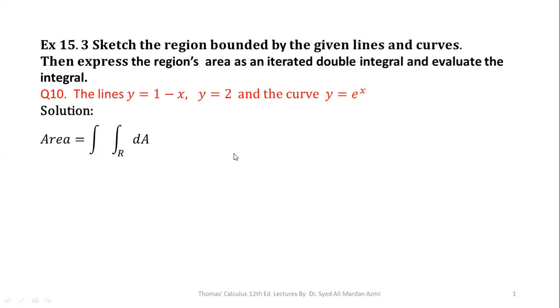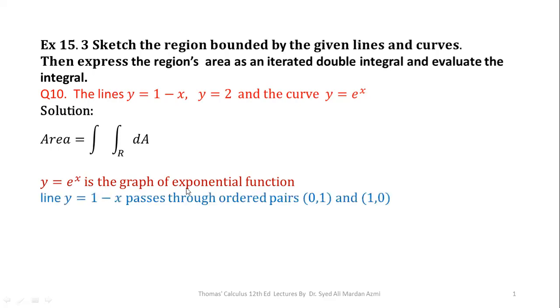In the next step, we will learn about these lines and curve. Y is equal to e raised to power x is the graph of exponential function. When we plot y is equal to e raised to power x, we will get graph of exponential function. The line y is equal to 1 minus x is a general line which passes through ordered pairs 0, 1 and 1, 0. If you substitute x equal to 0, you will get y equal to 1.